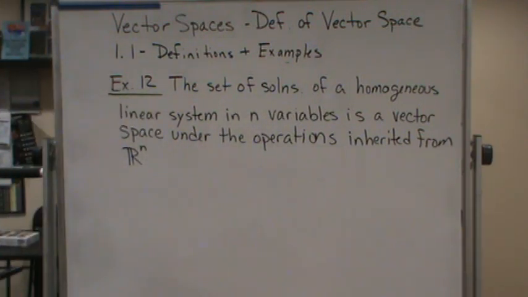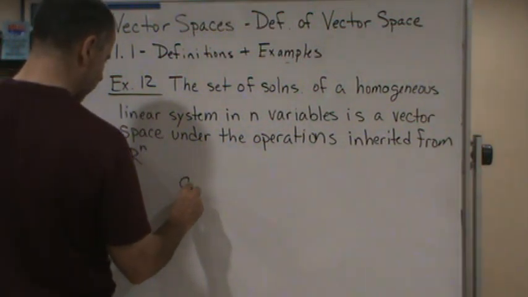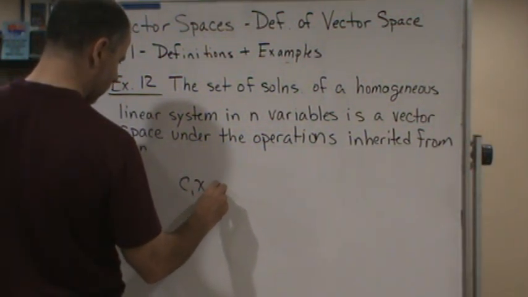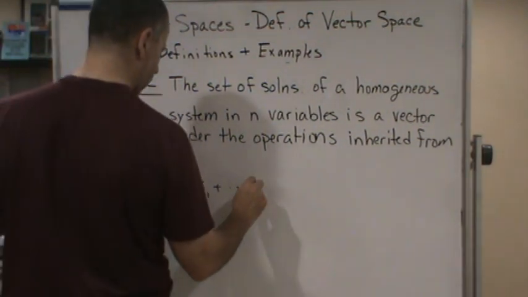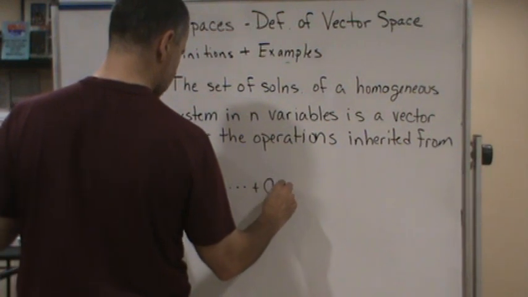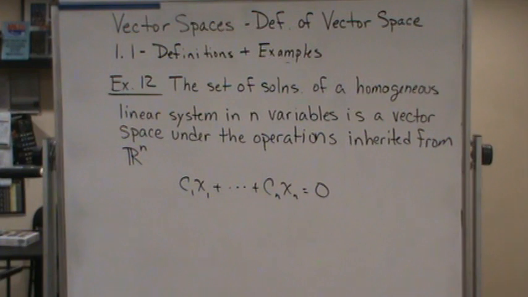Okay, so if we take a typical equation from that system, let's say C1 x1 plus dot dot dot plus C sub n x sub n equals 0. Well, let's take two vectors that satisfy these equations.